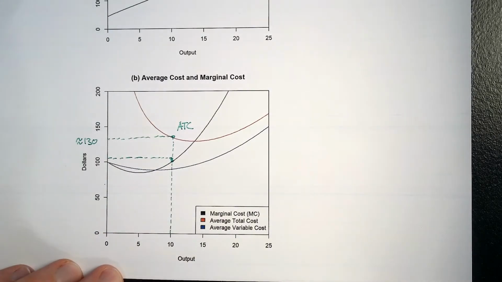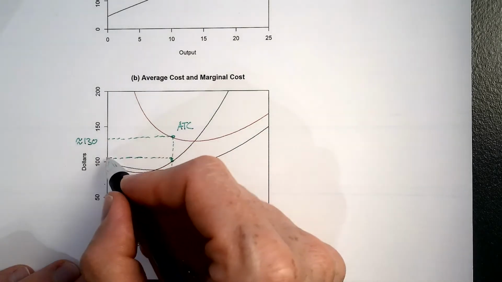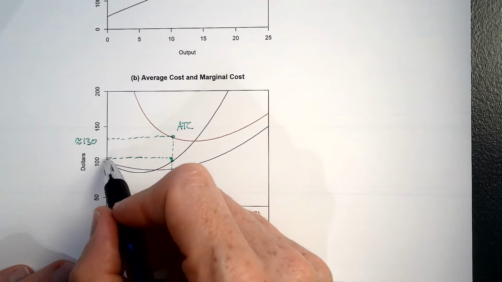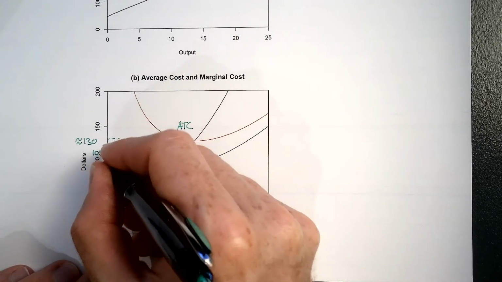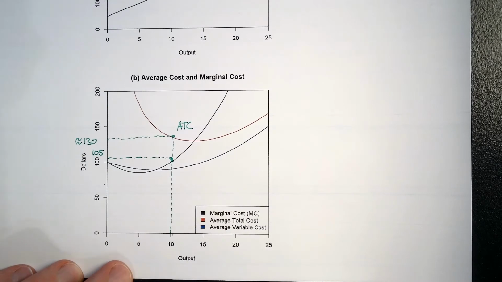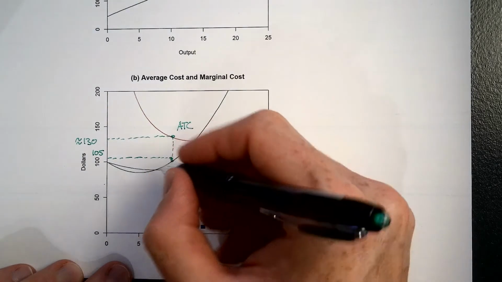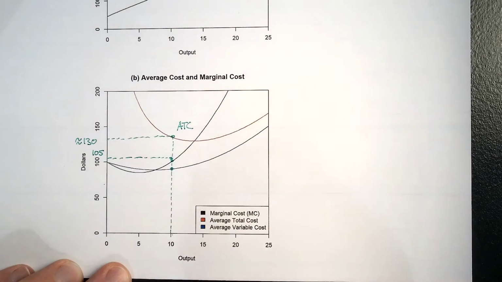So if we were to increase our production from 10 to 11 units, our cost would increase by approximately $105.